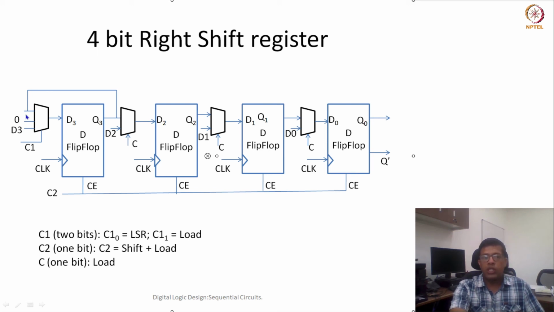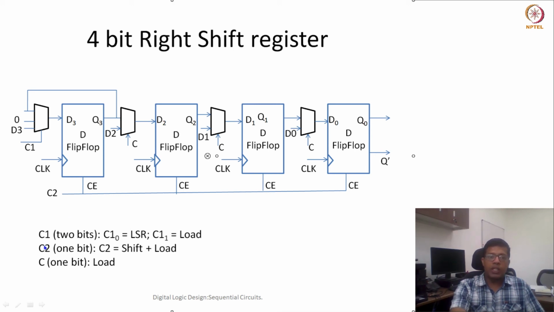So in both these cases we are shifting. If we are performing a left shift operation, then we can take the 0th bit. And if we would like to perform a load operation, then we can make the first bit of C1 as 1. So D3 would be given to the input of this flip-flop.